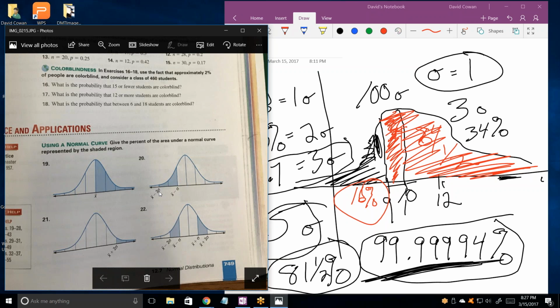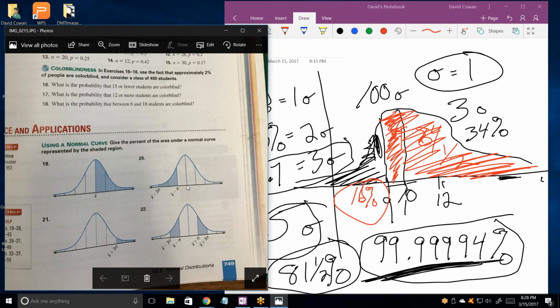Well, 3 standard deviations, what would be the area under the curve from where I'm pointing to the mean? Half of what number? 3 standard deviations is 99.7. So half of that.